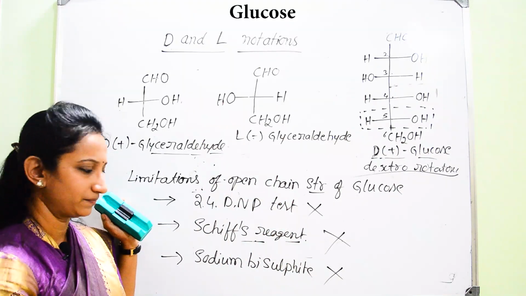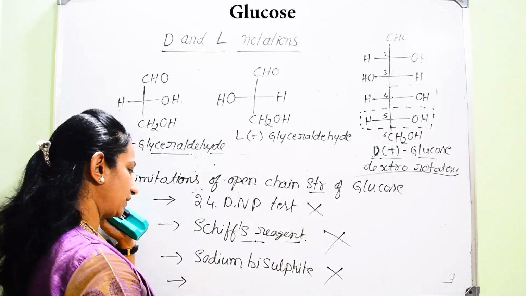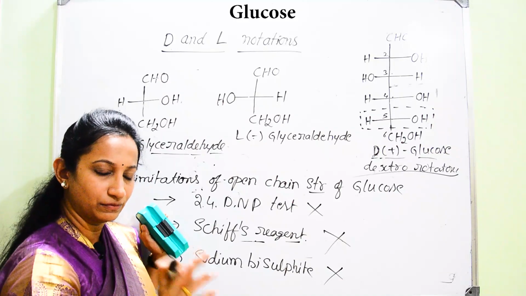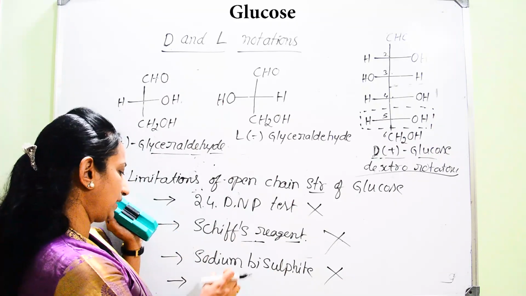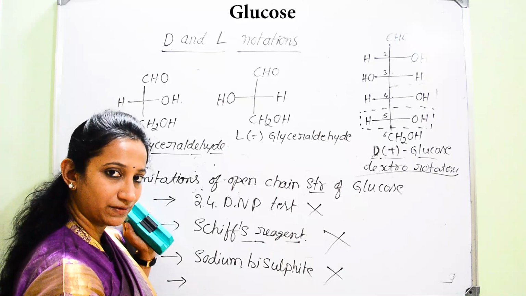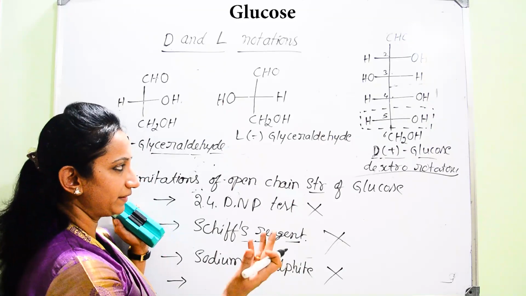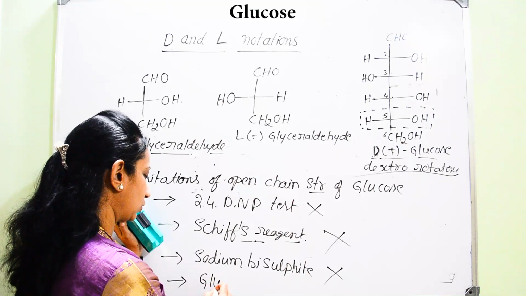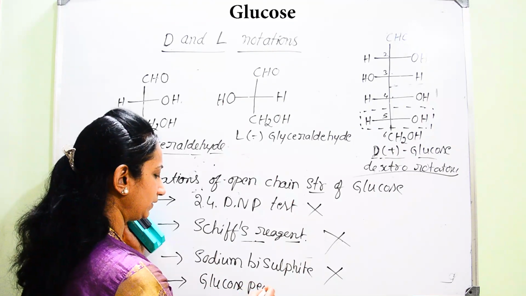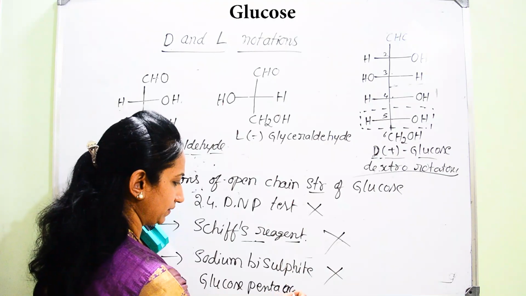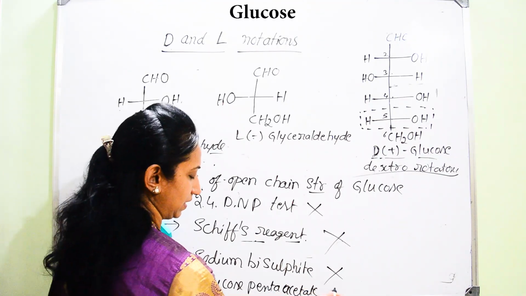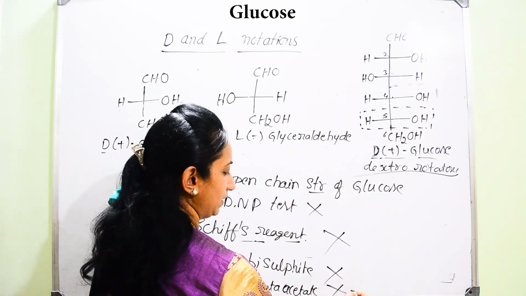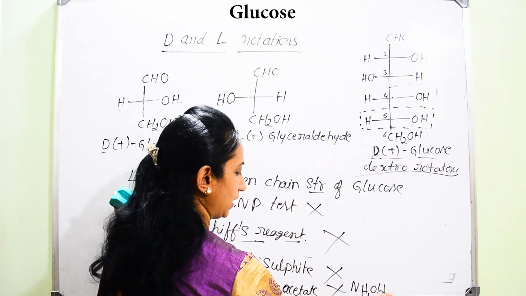And one more, if you remember, glucose pentaacetate: when glucose interacts with acetic anhydride, you get glucose pentaacetate. But this glucose pentaacetate will not react with NH2OH to form an oxime.